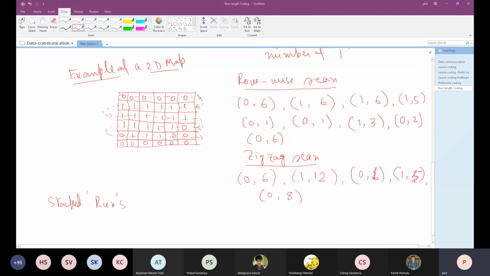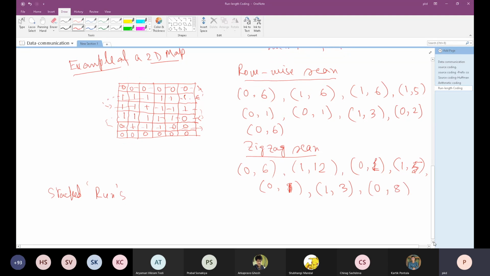Then 1, 0, and 1, 3. I hope it is correct now.